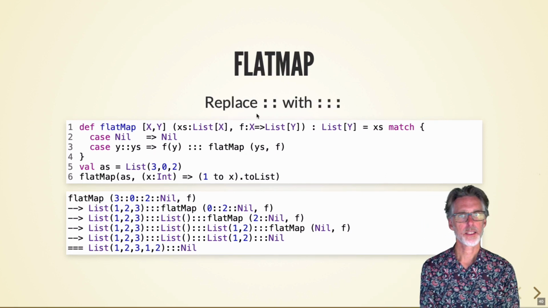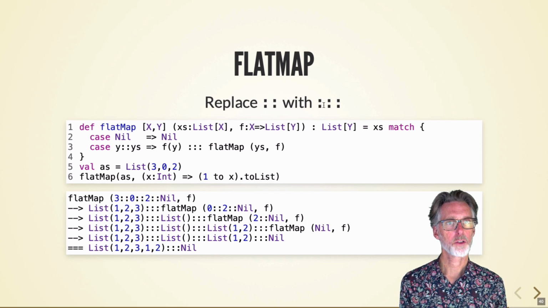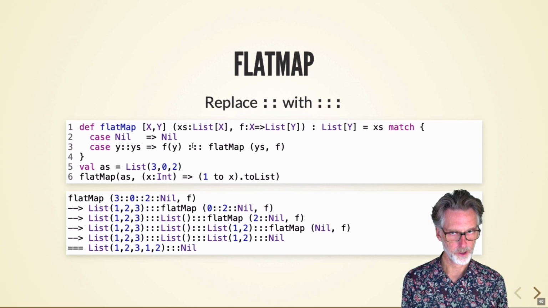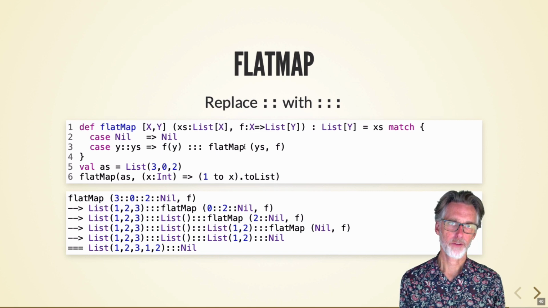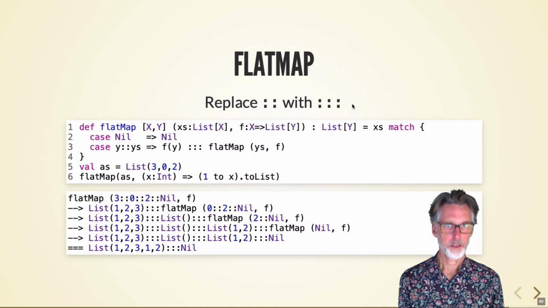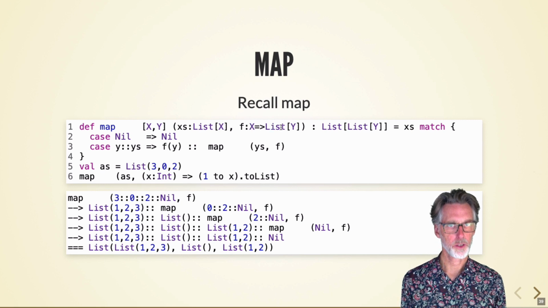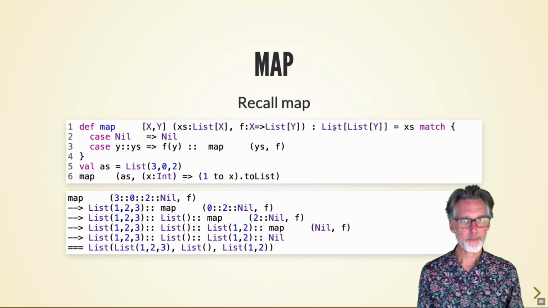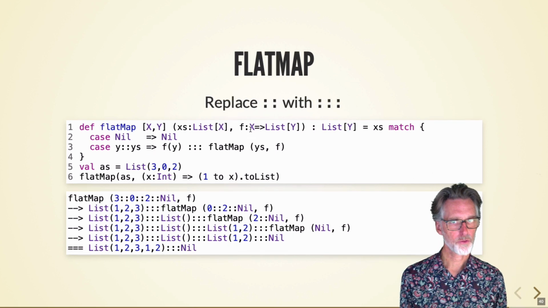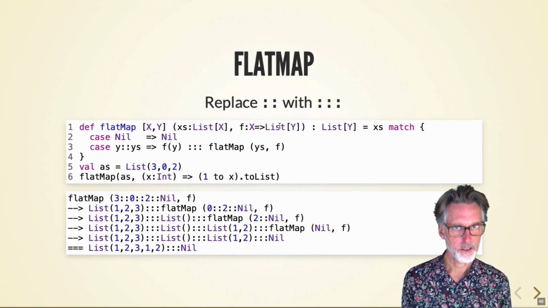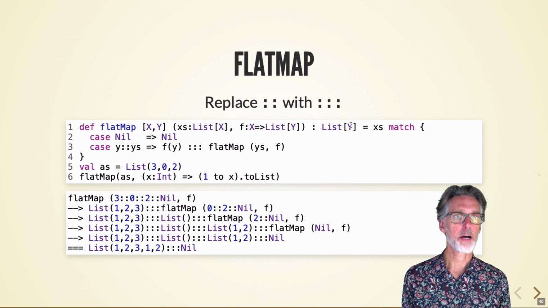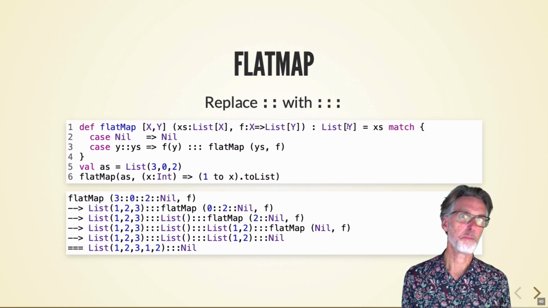If we replace double colon with triple colon in this function, we end up with something called flat map. And note that here my transform is taking an element into a list, and what I'm getting is a list of lists. That's what map does. What flat map does is it takes a transformer that produces lists and flattens it out as it goes, simply to give you a bigger list.